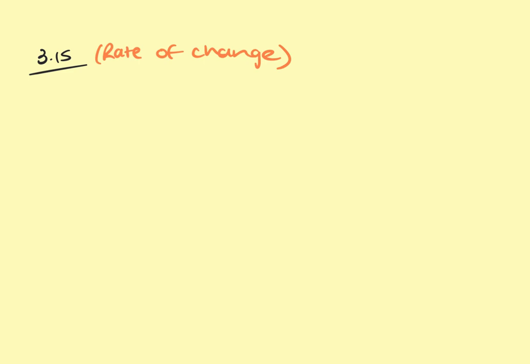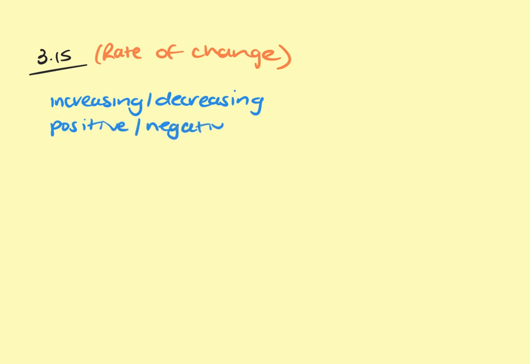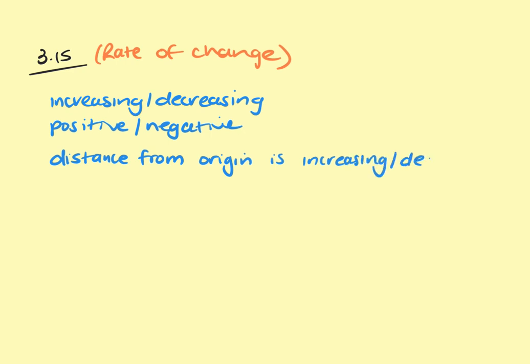So the question could be to identify if it's increasing, decreasing, if it's positive or negative, and then if the distance from the pole, or origin, I think is actually the word it uses, is increasing or decreasing.